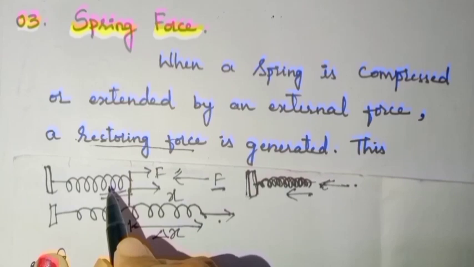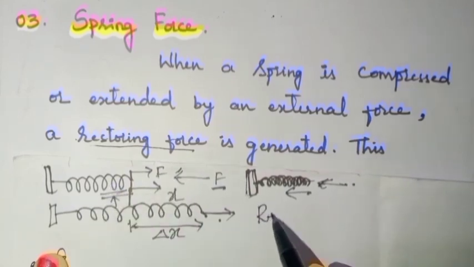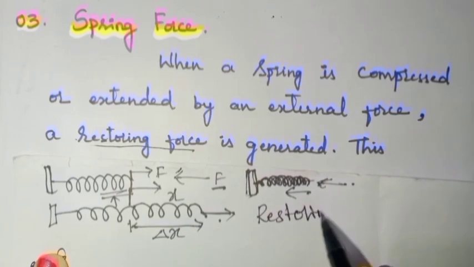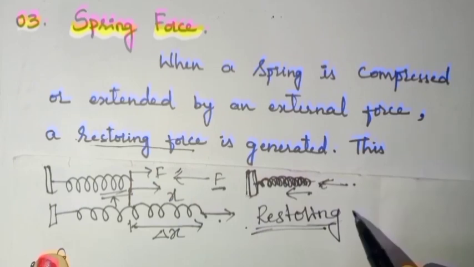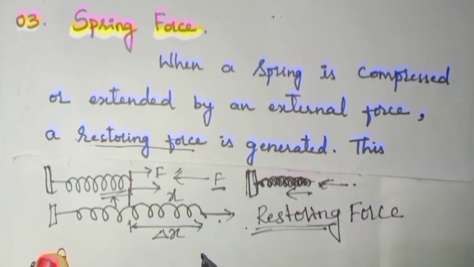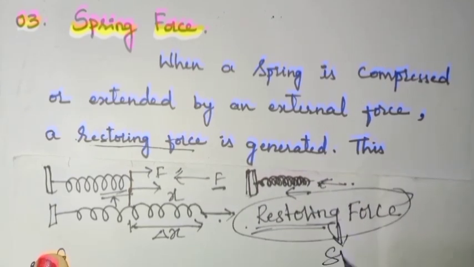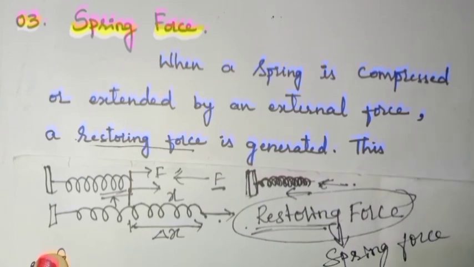Yes, so that is what we call restoring its original position. And to restore this, it will apply a certain force. That force is what we call the restoring force. Is it clear? And this restoring force is what we call spring force. I hope you have understood the spring force. So what is spring force?